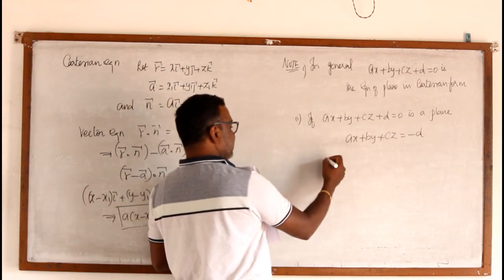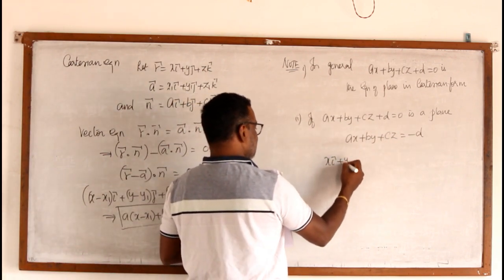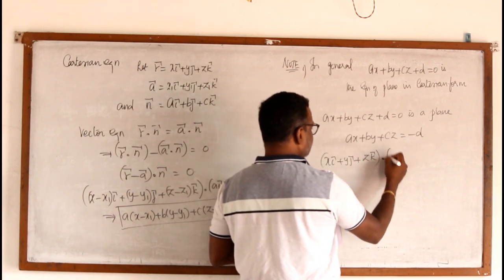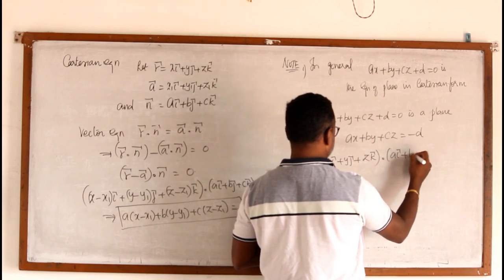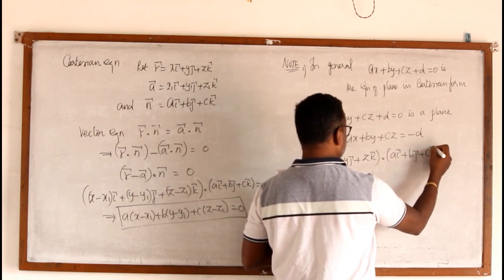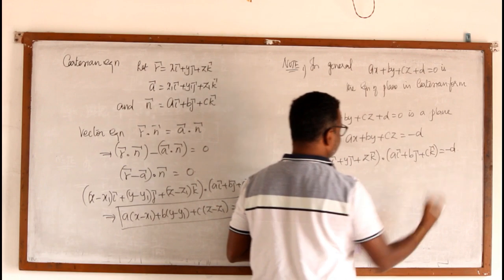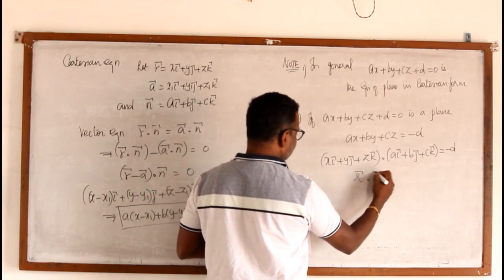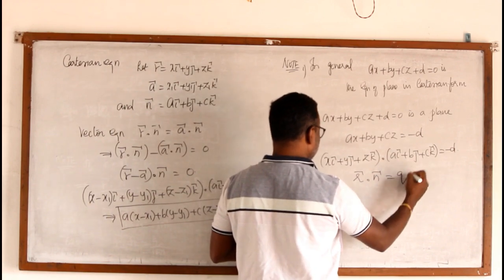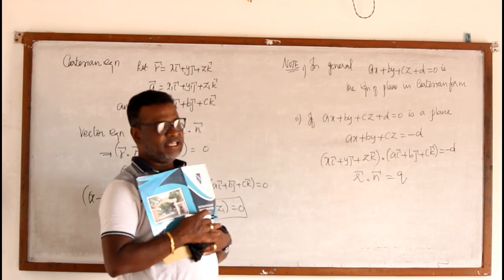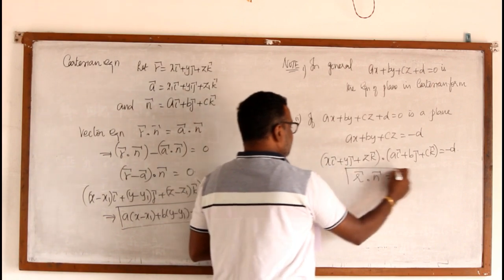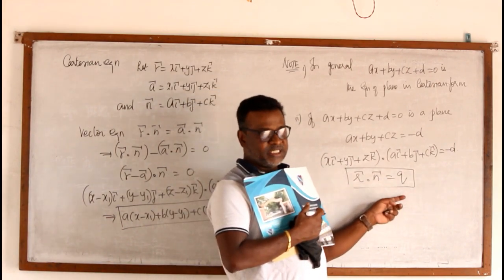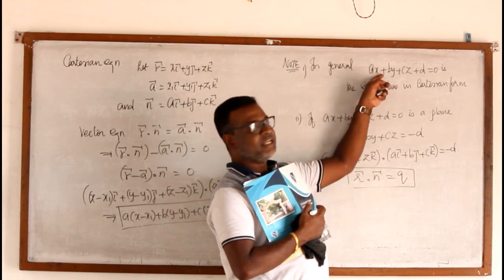Then it is xi plus yj plus zk dot ai plus bj plus ck equal to minus d. Here this is the r vector, this is the n vector, and minus d can be written as q. This is the vector equation in general format: r dot n vector equal to q.